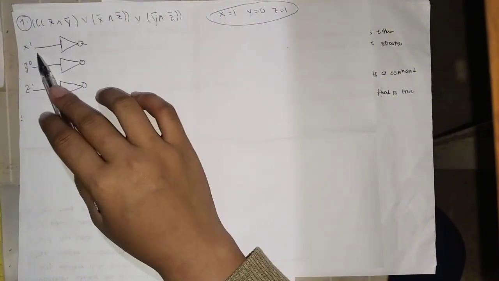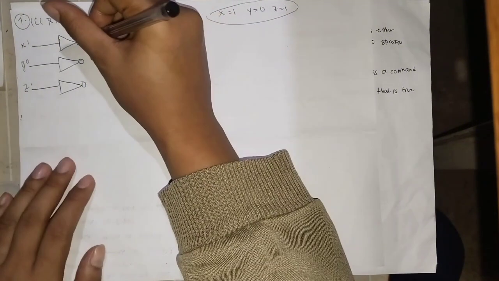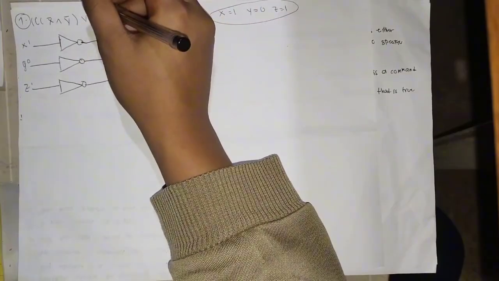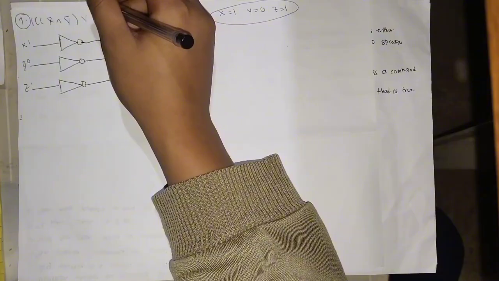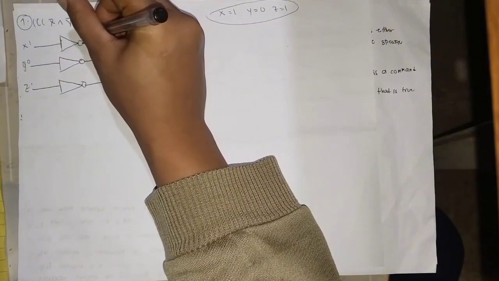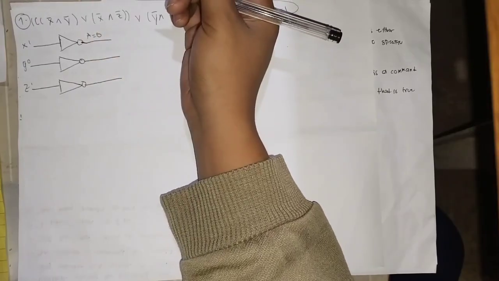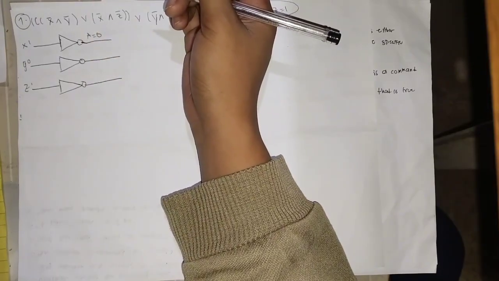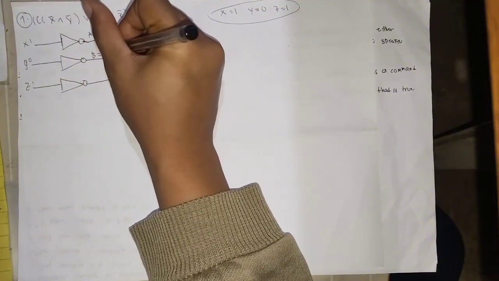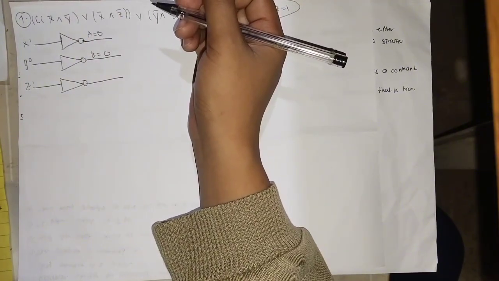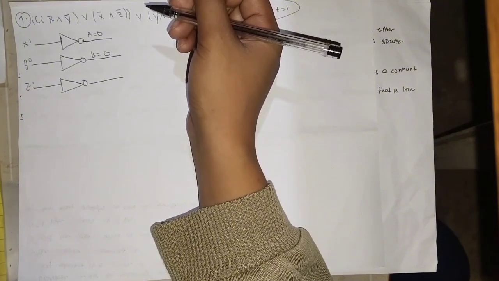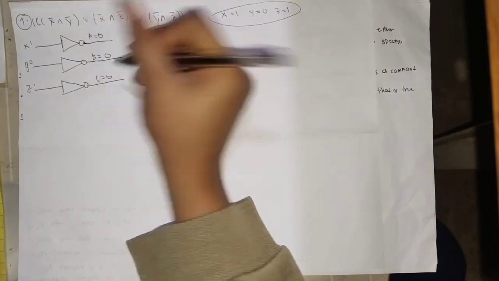From X the output is A, which is equal to 0. The output of the second NOT gate is B, equal to 0, and the output of the third NOT gate, which is C, is equal to 0.